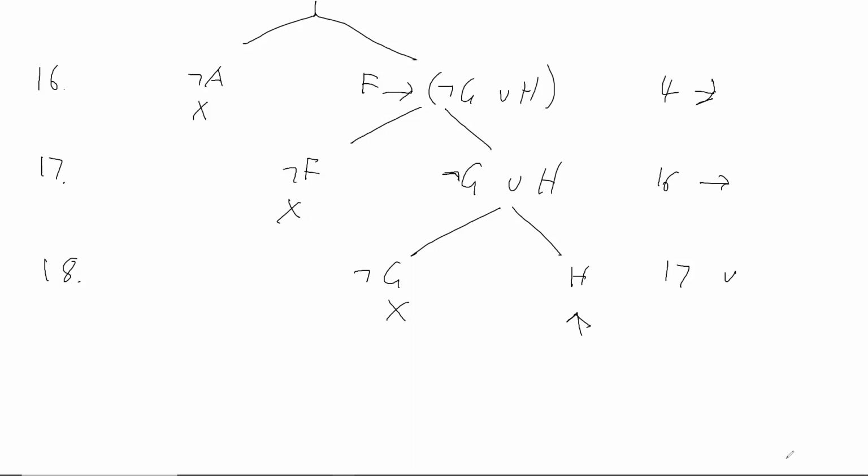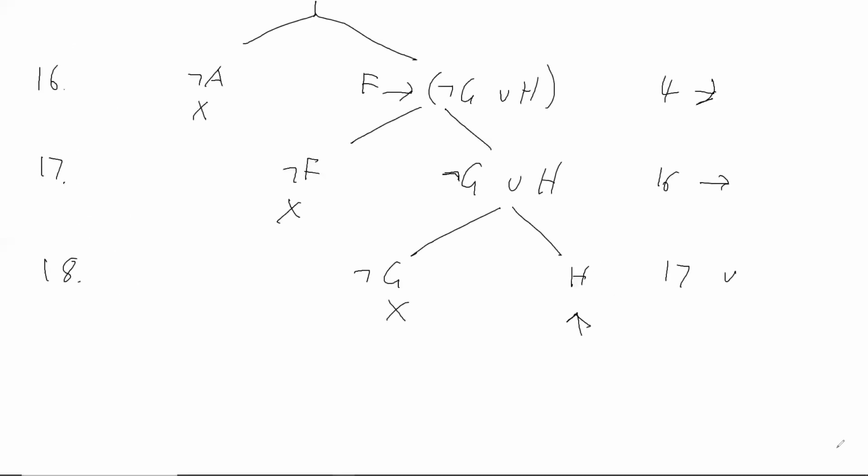So how many letters do we have in total? We have A, B, C, D, E, F, up to E, F, G, H. All right.